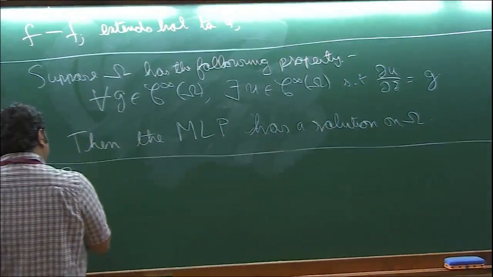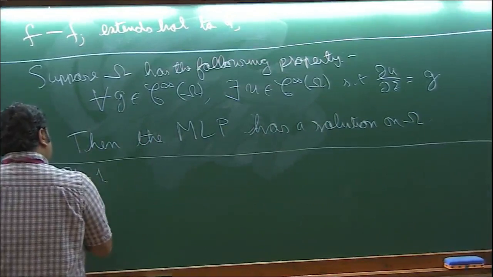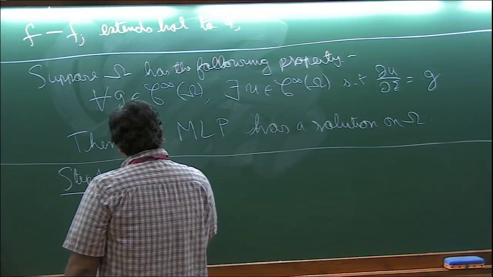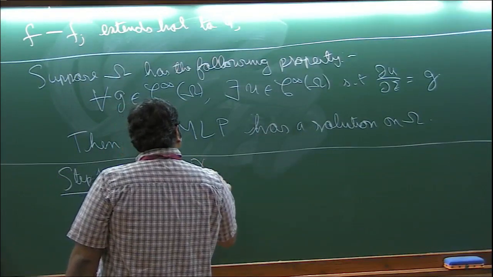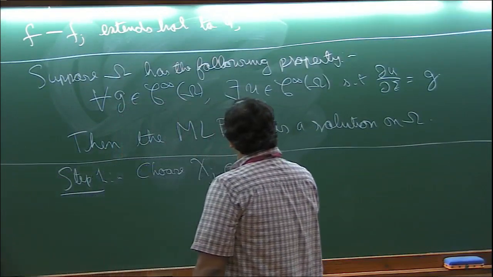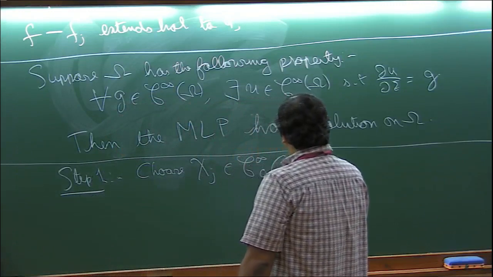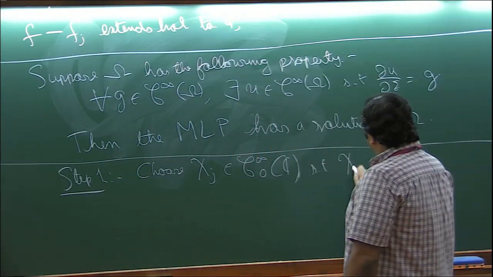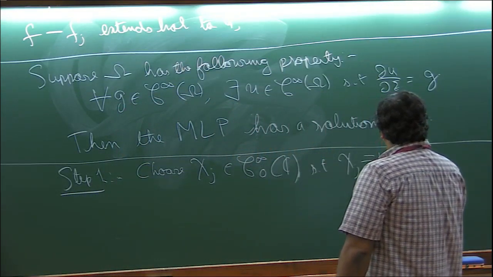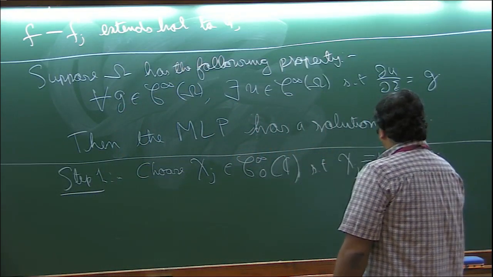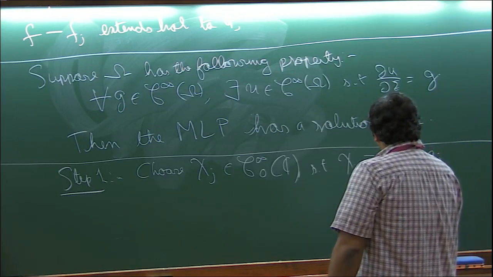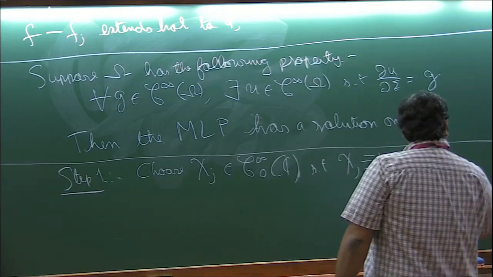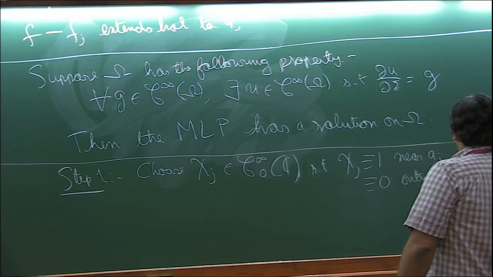So step one. Choose a cutoff chi j, which is C infinity with compact support in C, such that chi j is identically 1 near aj and identically 0 outside the ball centered at aj and radius epsilon j.